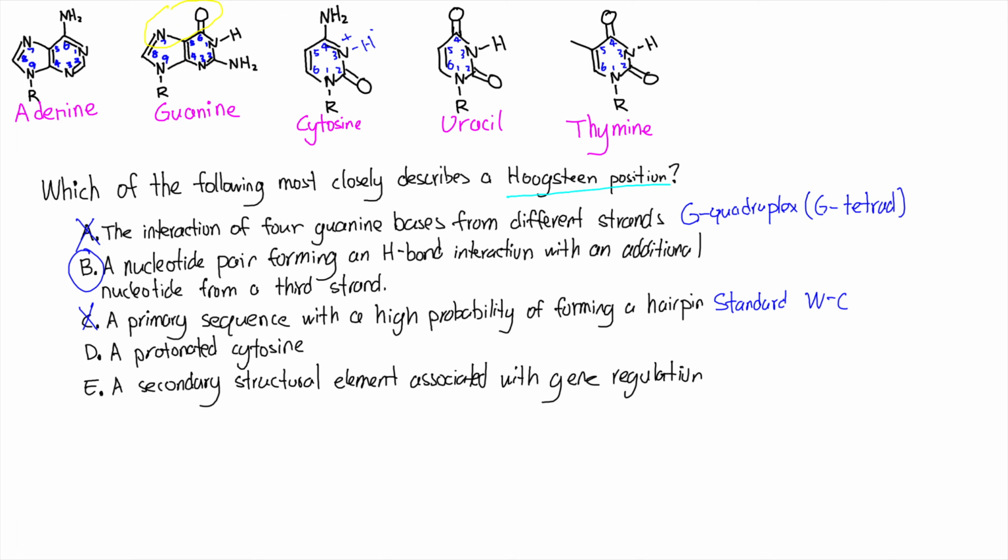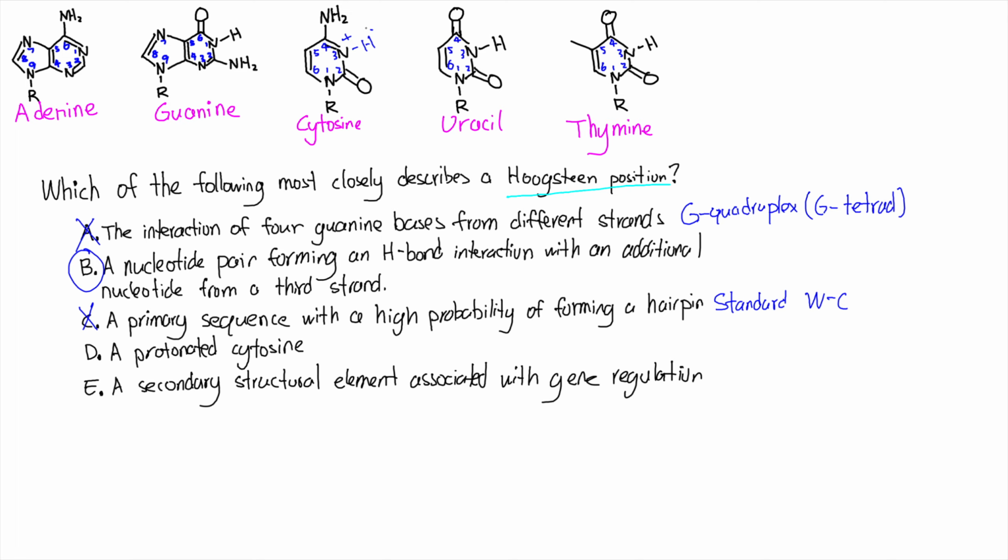I guess yellow isn't that clear, so I'm actually going to use red. So these two are able to hydrogen bond, and these two can now hydrogen bond with each other like that. So that is utilizing the Hoogsteen position, and you want a protonated cytosine, but it doesn't really describe a Hoogsteen position.